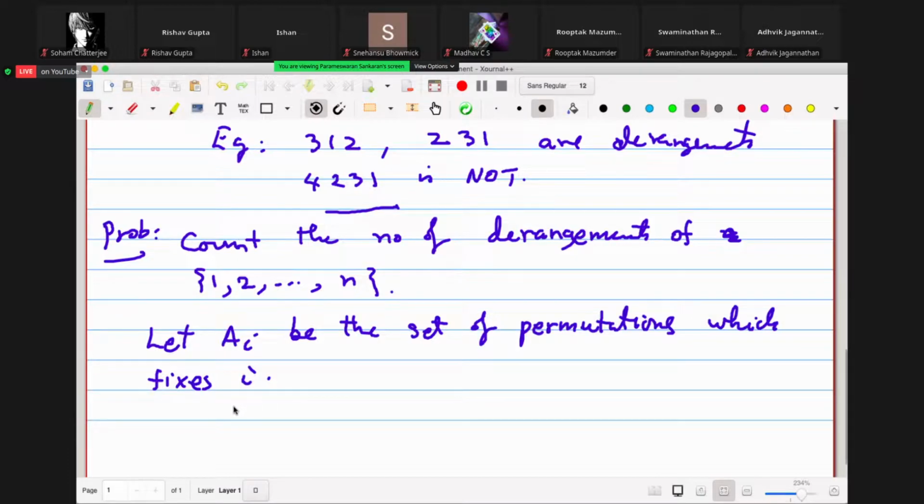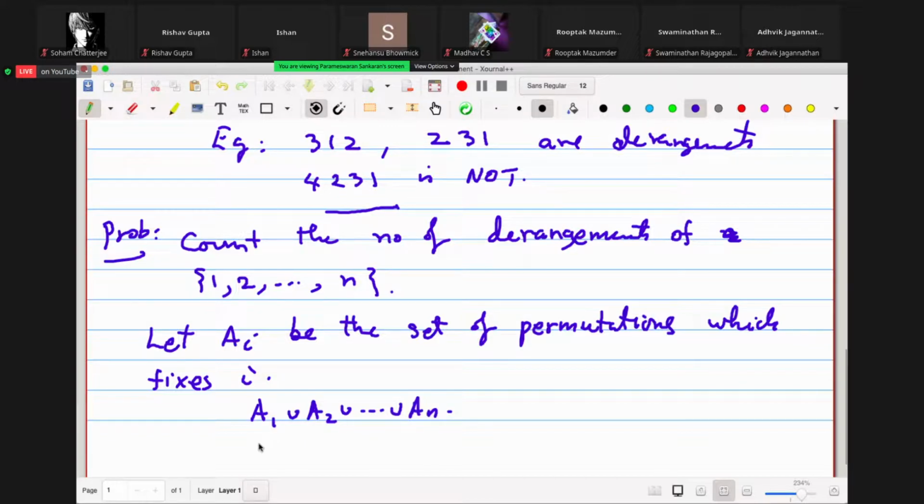Now, so you compute. So the set that is of interest to us is the complement of the set A1 union A2 union ... AN.